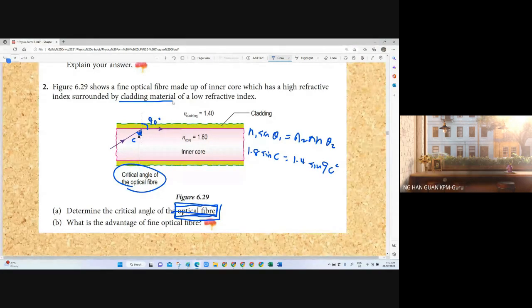Right? But the problem is if we're using this one, you will notice that this C is about, I'm not sure whether we calculated or not, I think this C is about 51.06 degrees if I'm not wrong.